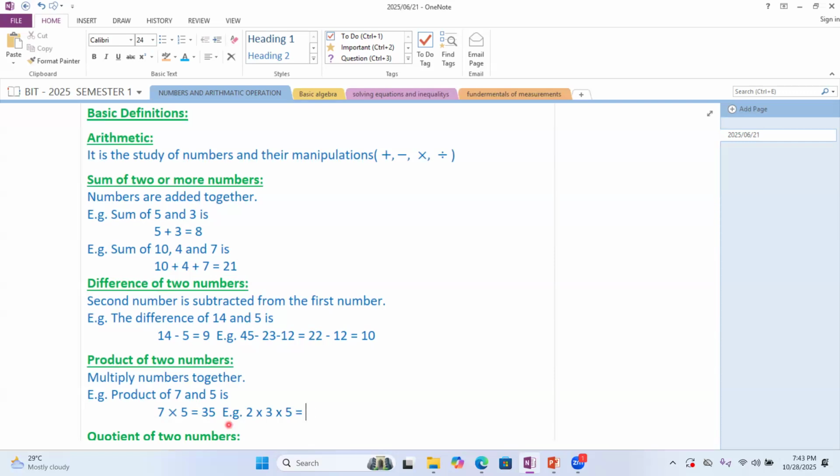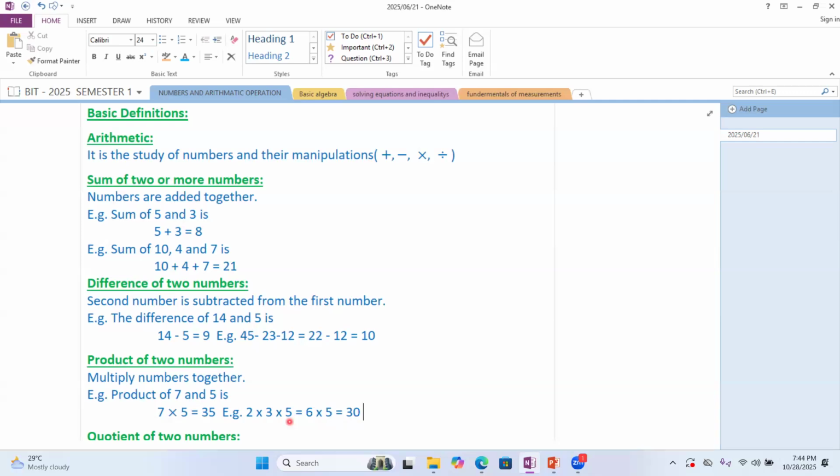How can we multiply? First we write 2 multiplied by 3, we can write 6. Right? Then we multiply the remaining number, that is 5. So we can write 6 multiplied by 5. That is equal to 30, right?